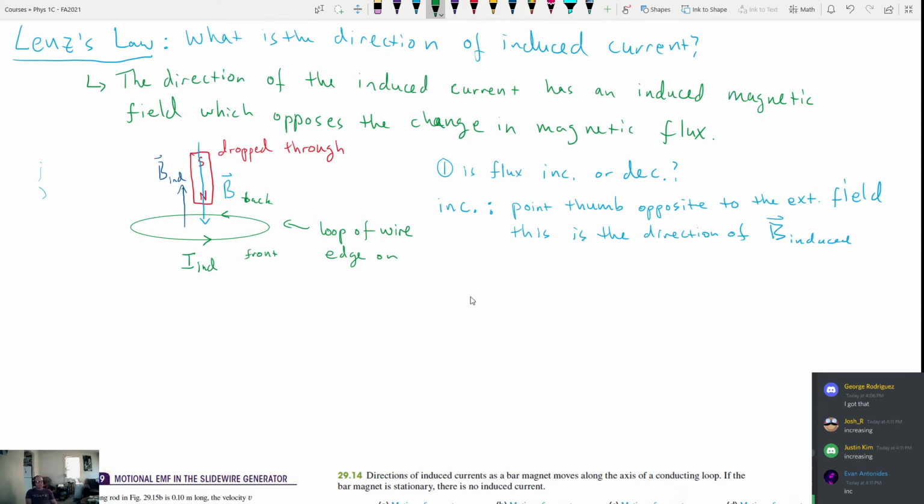So the other possibility is if the flux is decreasing. When the flux is decreasing, you're going to point your thumb in the same direction as the external magnetic field, and this will be the direction of the induced magnetic field.